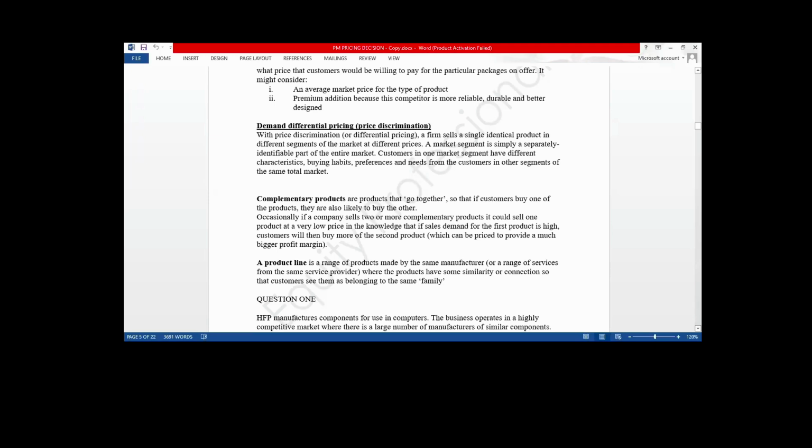Then you can deliberately reduce the price of product A. If you reduce the price of product A, demand for product A will rise. And once demand for product A rises, demand for product B will also rise.